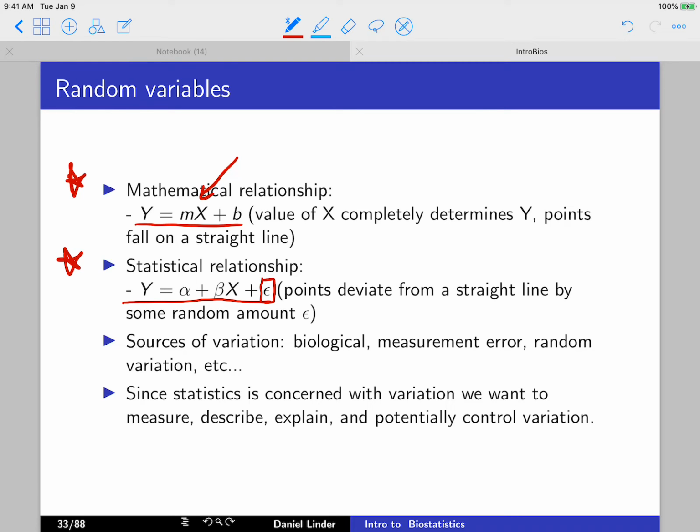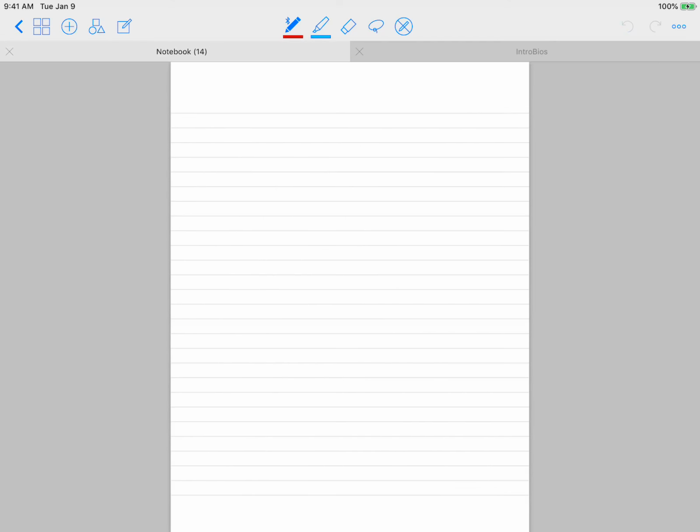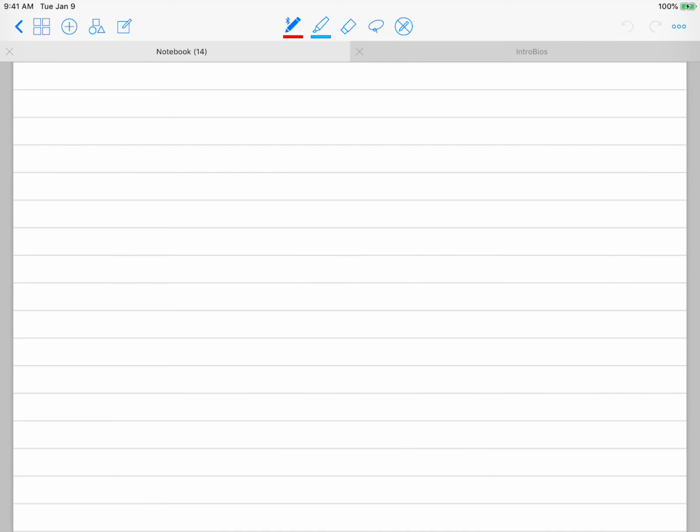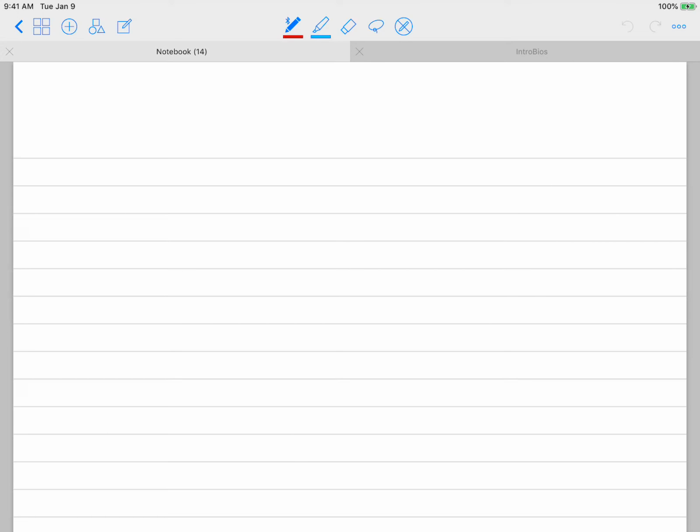So let's see if we can look at a statistical relationship versus a mathematical one. So let's change the color here. If this is our coordinate system, this is our x-axis, and this is our y-axis, then a mathematical relationship would look something like this.